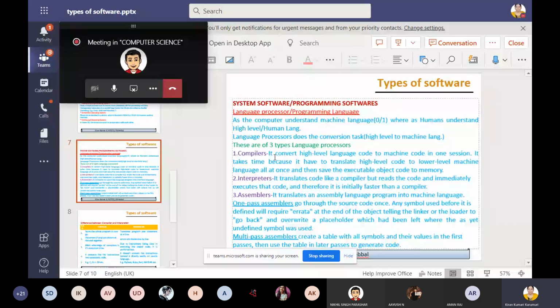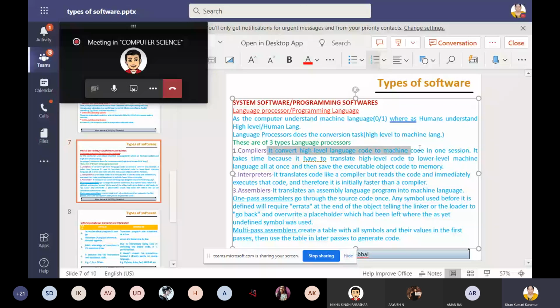Directly what they will do is convert the high level language into machine code or that three address code or that assembly language code, in one go, at a time. From the top to bottom, all the errors are shown in one go. Okay, children, if you correct all the errors, then only your program will be processed. All the errors are to be rectified, then only your program is executed.